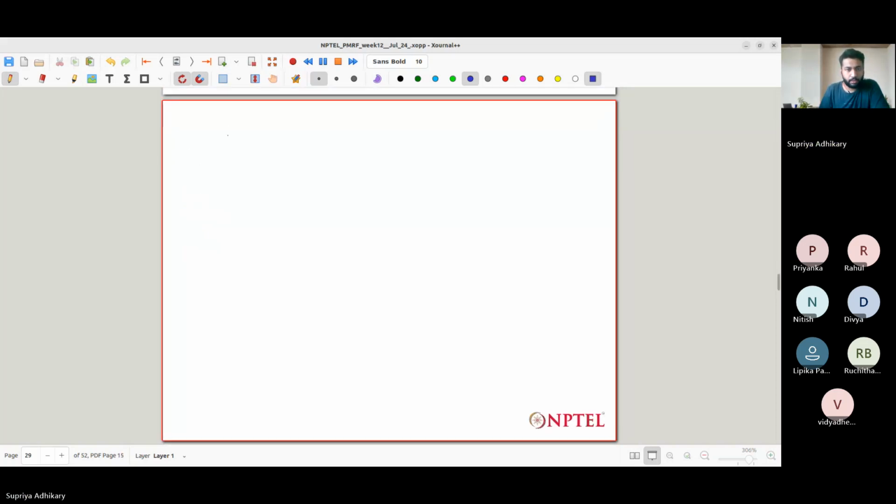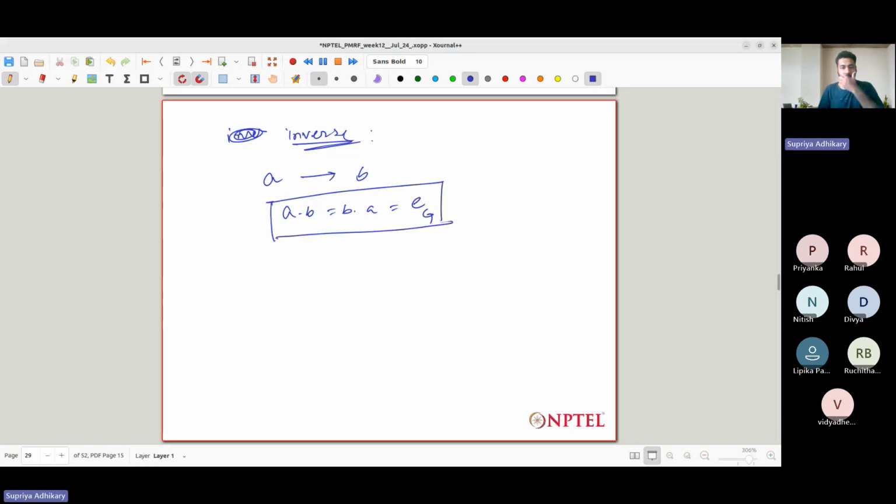From the inverse property of a group, for each element A there exists an inverse B such that AB equals BA equals E of G. Now, there can be two cases.